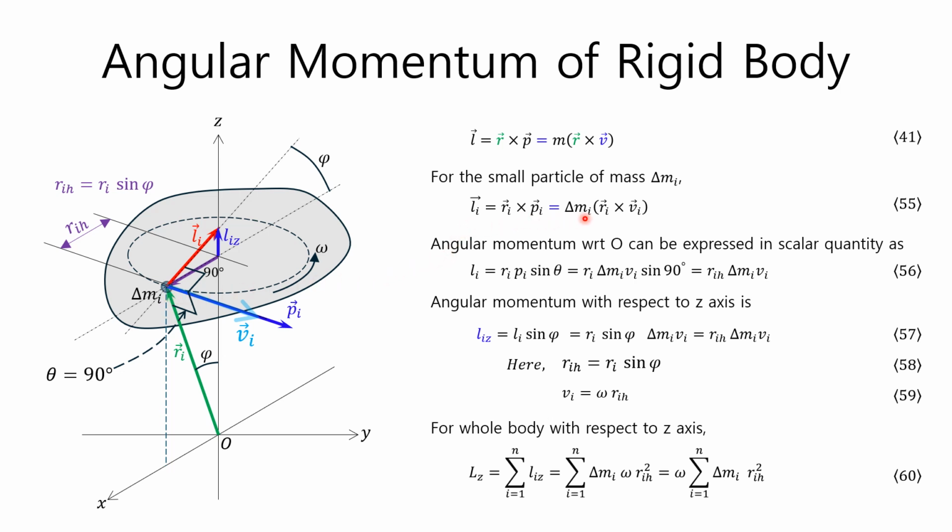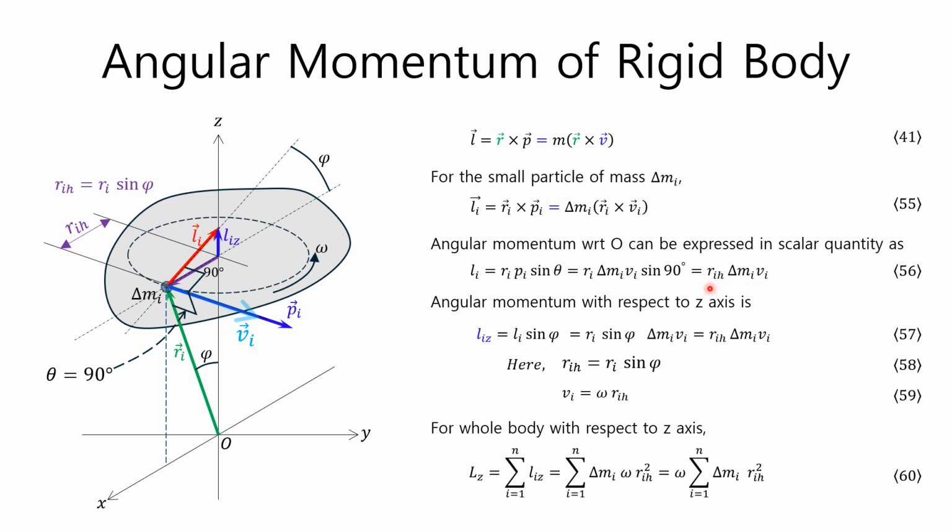The scalar amount of the angular momentum Li of the point mass about the origin O can be expressed as equation 56 using the angle theta between the position vector Ri and the linear momentum Pi. As shown in the figure, the angle theta between the position vector Ri and the linear momentum vector Pi is 90 degrees, so the value of sine theta is 1. Therefore, we can obtain the last expression of equation 56.